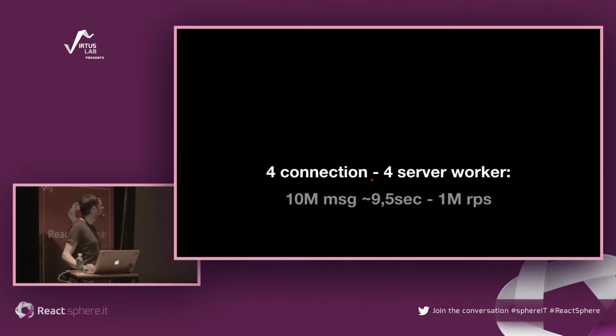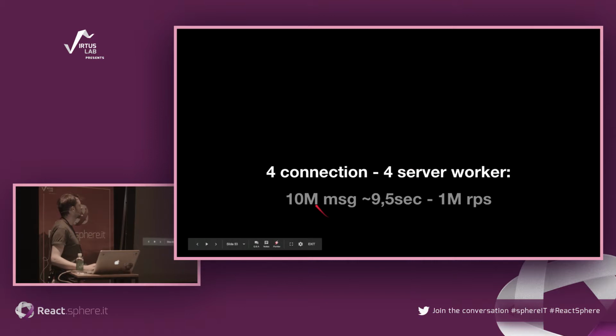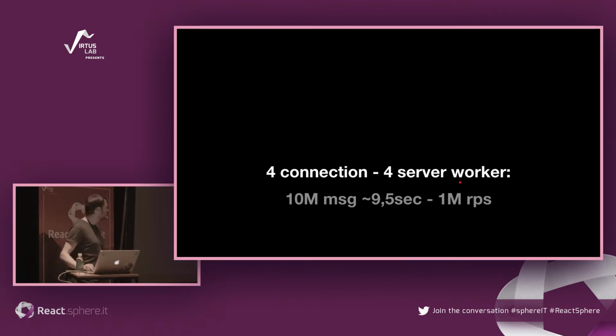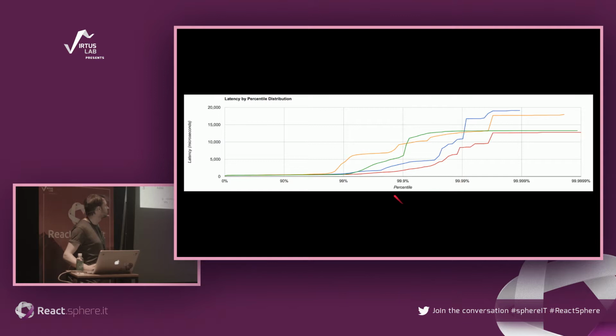And probably, if we have 4 cores, we would like to scale this benchmark. So now we have 4 connections backed by 4 threads on the client side and on the server side. I was able to push 10 million messages in around 9 seconds, which corresponds to 1 million requests per second, which is huge. And of course, the latencies are a bit worse, but because each thread is now pushing only 2.5 million rather than 10 million, we got this improvement.